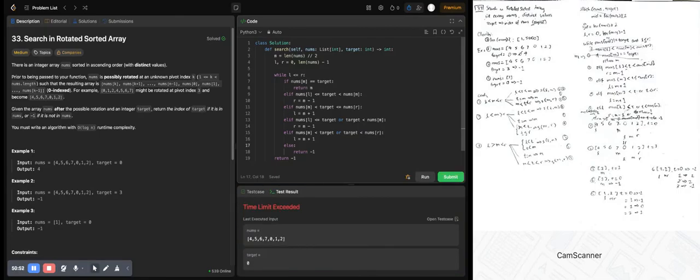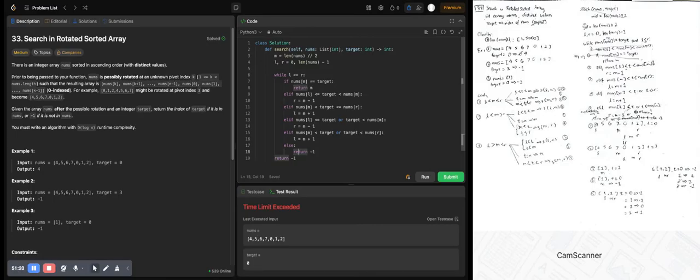We got time limit exceeded. See it? How is that possible? Let's see. While left is less than or equal to right, nums of mid.